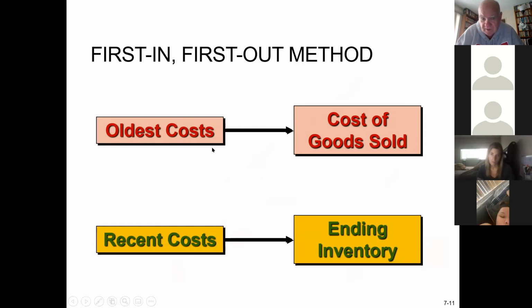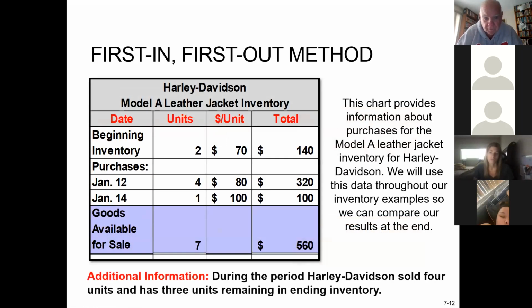In other words, another way to say that is what you actually sold ends up impacting the cost of goods sold, because you're going to be, in essence, debiting cost of goods sold for the cost of the garments that you gave to customers, and you're going to credit your inventory, that asset. Anything that is unsold, the most recent costs are in your inventory. What you sell goes to the cost of goods. What you don't sell is in your ending inventory.